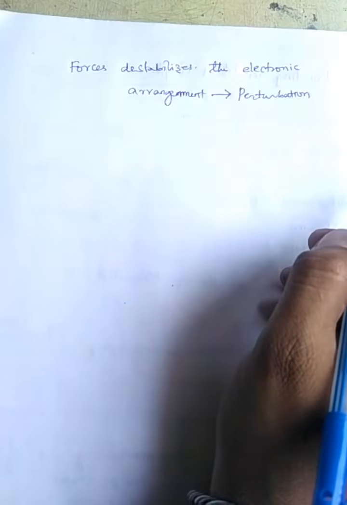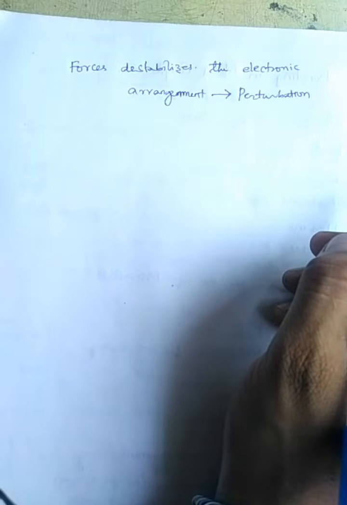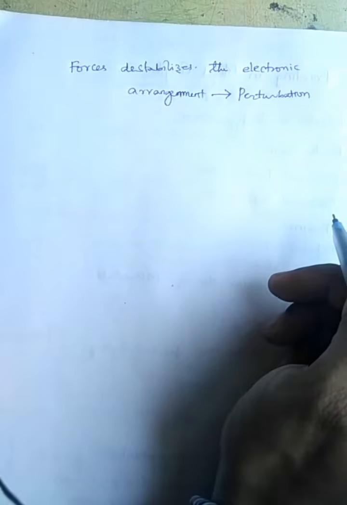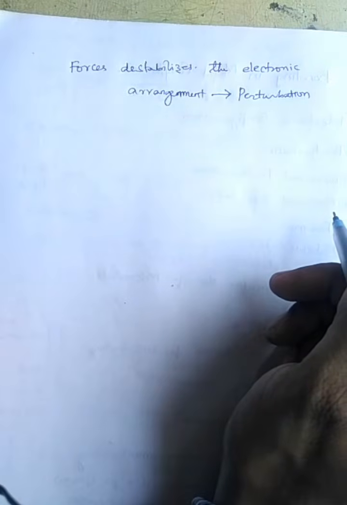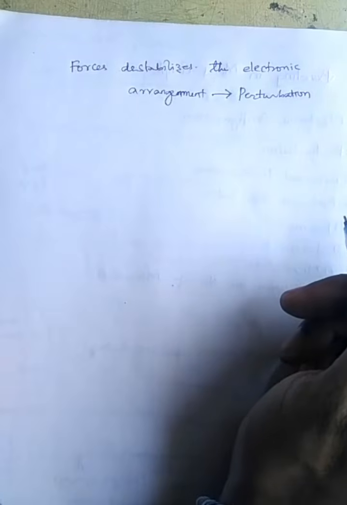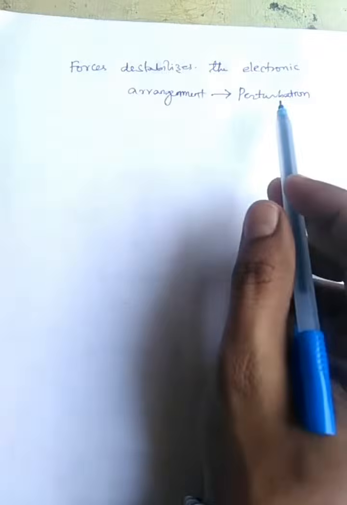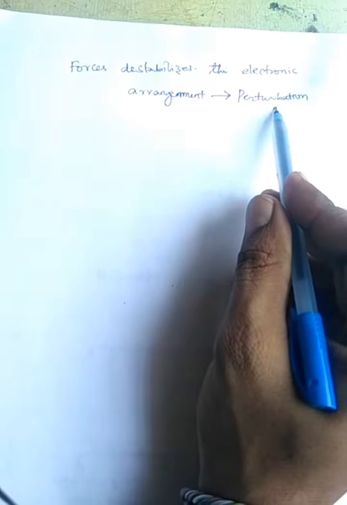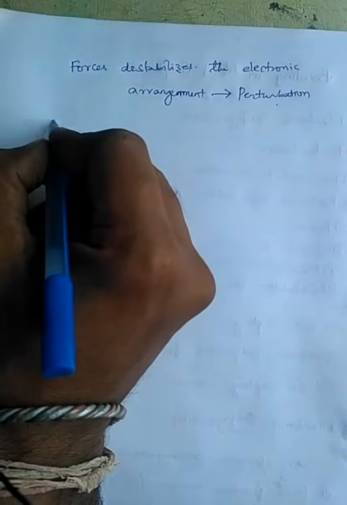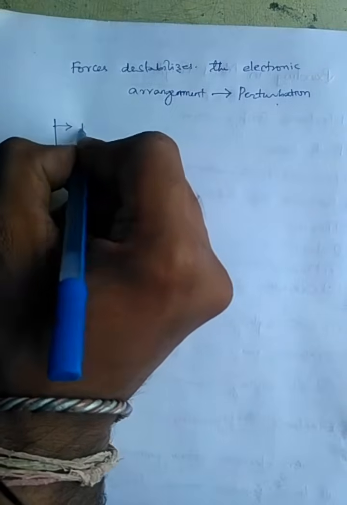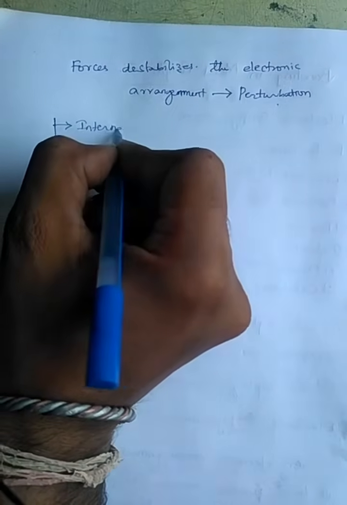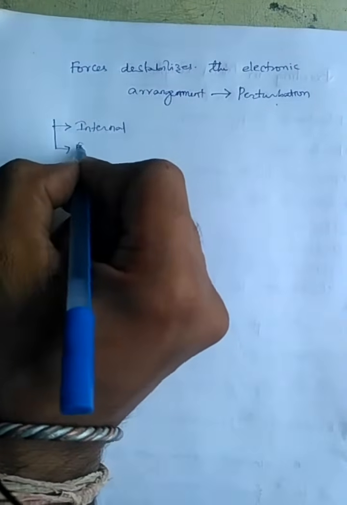Perturbations existing inside the atom are called internal perturbations. And there is external perturbation: we can apply some force to destabilize the electronic arrangement, and all these are called perturbations. Thus perturbations are two: internal and external.